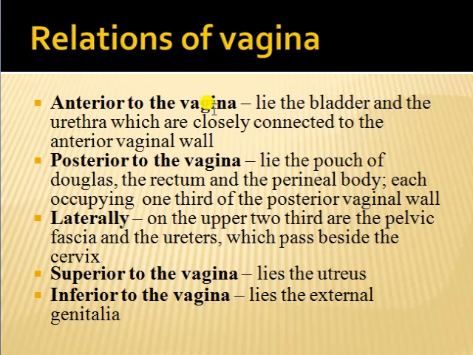We studied the vagina and urethral orifice, so automatically the bladder is also present anterior to the vagina. Posterior to the vagina lie the pouch of Douglas, the rectum, and the perineal body, each occupying a third of the posterior vaginal wall.